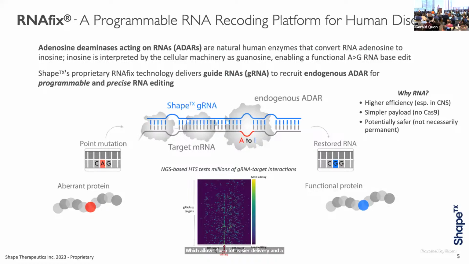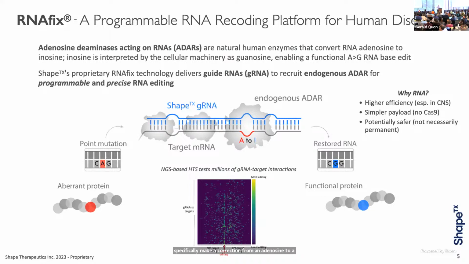One of the advantages over a CRISPR-based system is that you don't have to give a huge Cas9 protein, which allows for a lot easier delivery and a lot more temporal control in how you are doing RNA regulation. And an advantage of what we can do at Shape is we can generate millions and millions of data points experimentally of different guide RNA structures, where those different letters will cause complementarity to a given mutation, recruit ADAR, specifically make a correction from an adenosine to a guanine, and then not make aberrant corrections to nearby adenosines.